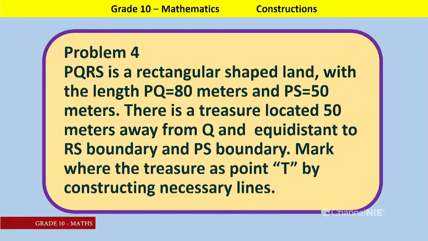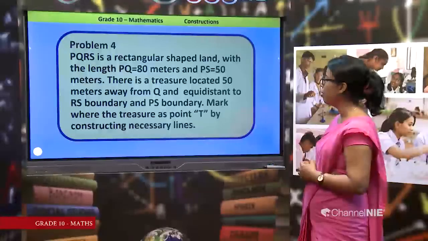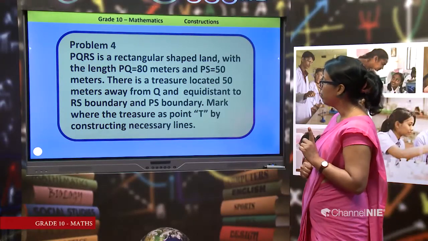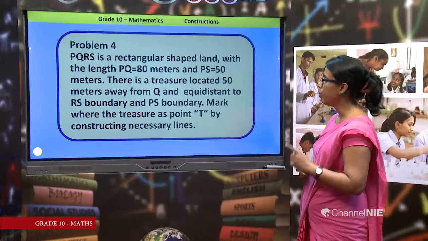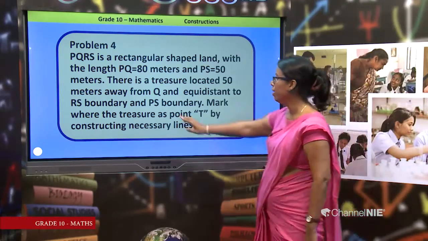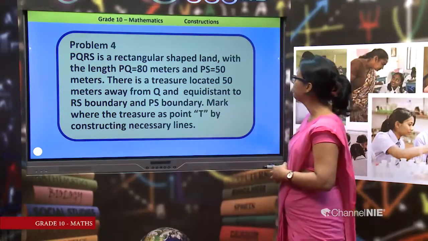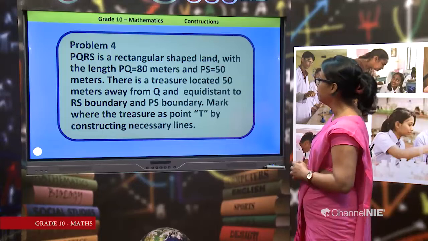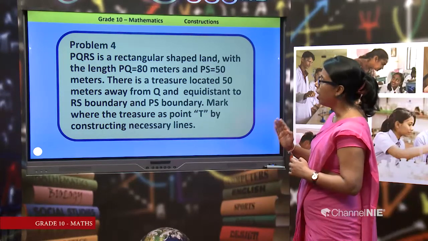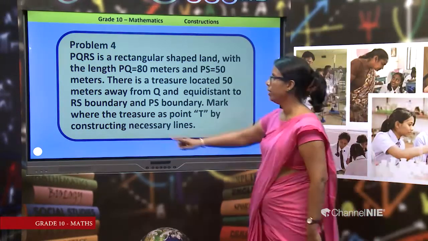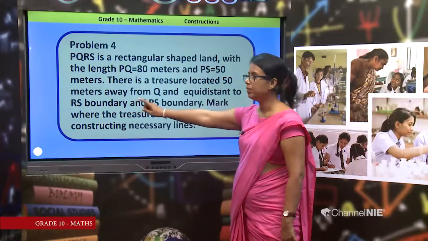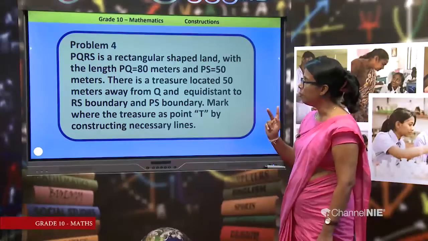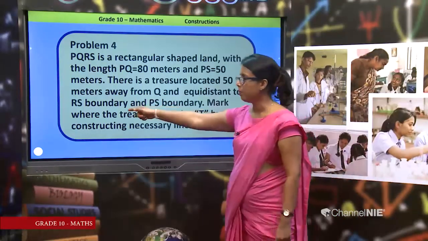Read this question carefully. There is a rectangle PQRS. PQ is the length, 80 meters, PS is the breadth, 50 meters. There is a treasure located 50 meters away from Q, a constant distance from a point 50 meters away from Q. There is a point. Next it says equidistant to the RS boundary and PS boundary. RS is not just a point, not 2 points, it is about a line, the RS boundary.